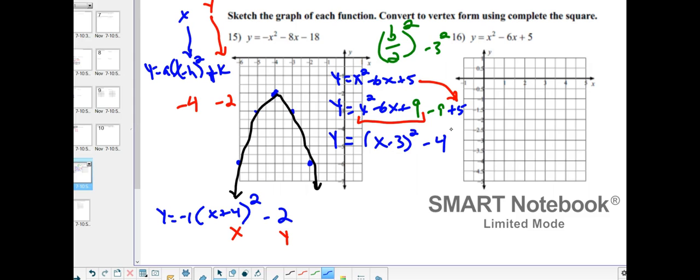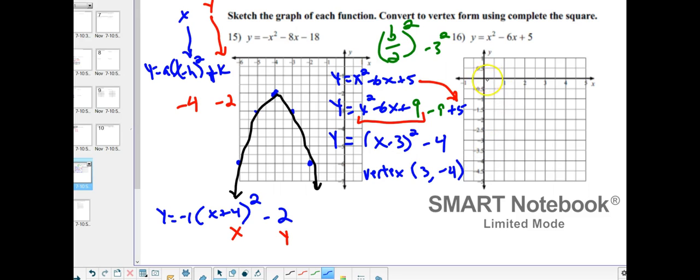And now we've essentially found our vertex for this graph of this quadratic, because I take the reverse of this. So I'm going to say my vertex is at +3, -4.